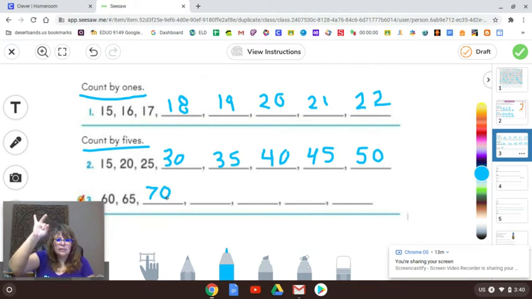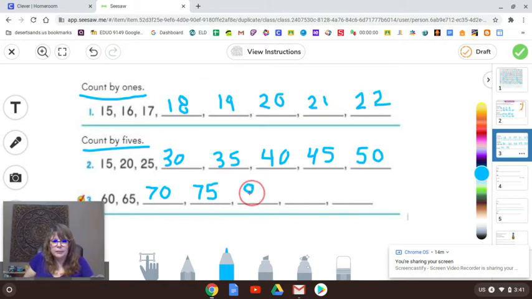70, 71, 72, 73, 74, 75. 75, 76, 77, 78, 79, 80. 80, 81, 82, 83, 84, 85. 85, 86, 87, 88, 89, 90.